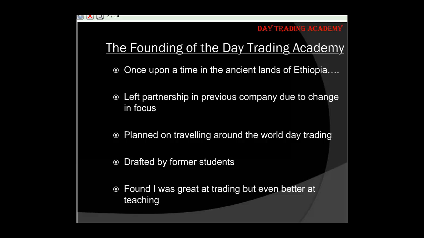The way that the company was headed was that we started adding the fancy colored indicators and the signals for trades and things like that. And I didn't feel comfortable basically just making it a sales operation and not really teaching people what they needed to know about day trading. So I left the company for that reason.